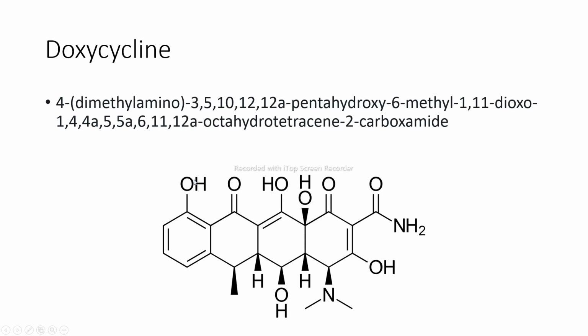So total 5 hydroxy groups are there. So it is 3, 5, 10, 12, 12A, pentahydroxy, 4 dimethyl amino, then 6 methyl, 1, 11 dioxo, then remaining portion is same, 1, 4, 4A, 5, 5A, 6, 11, 12A, octahydrotetracene, 2-carboxamide. That is the doxycycline.